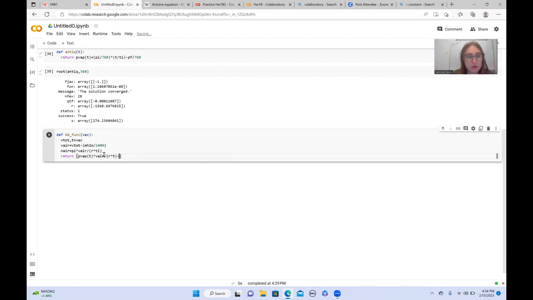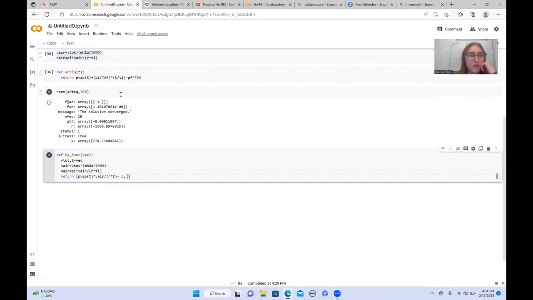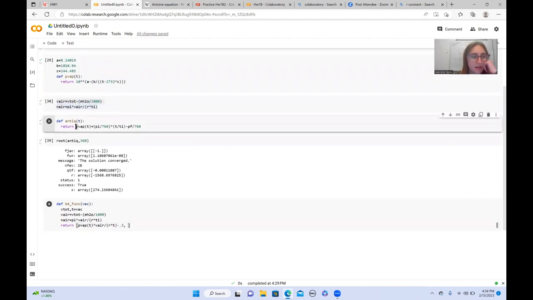And then we're going to subtract 0.3 because we want it to be a root, so it has to equal 0. Okay, now what we did right here is going to be the same thing.